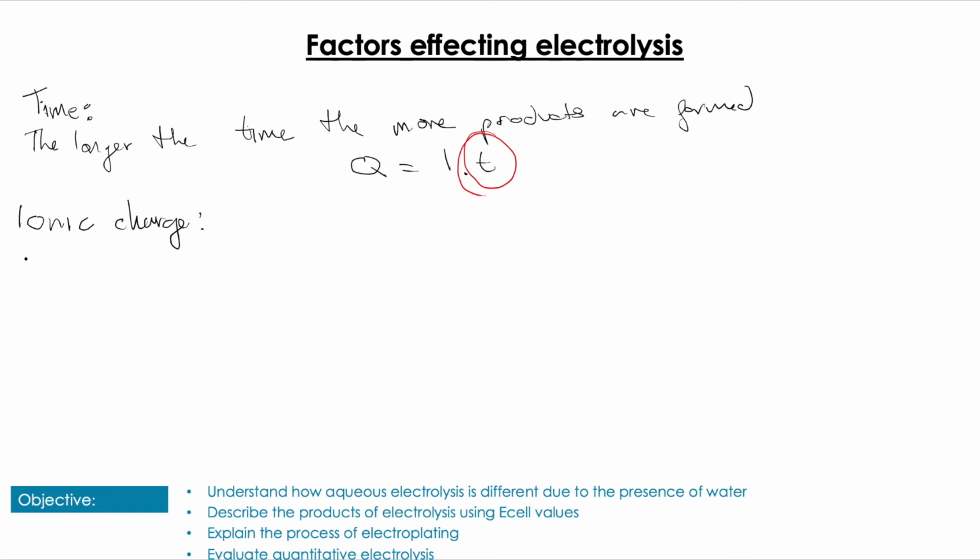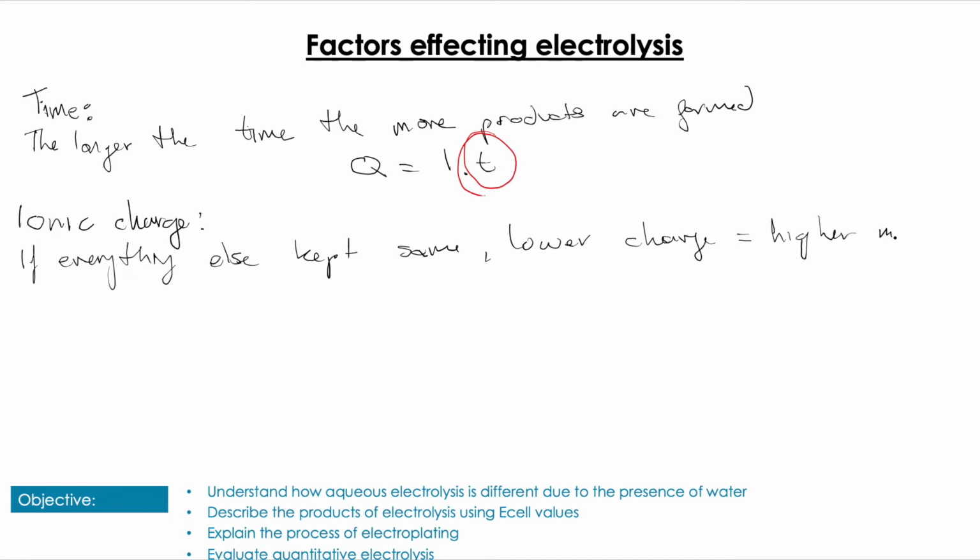The second factor is ionic charge, which may not be as obvious from the equation. If everything is kept the same, then the number of electrons that it takes to discharge an ion will affect the mass of a given product.